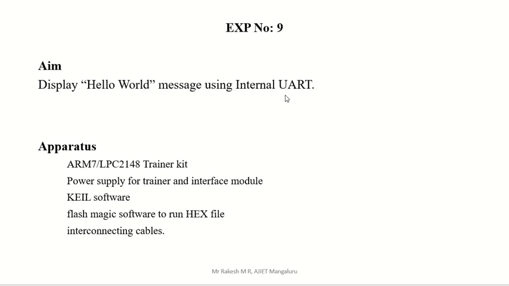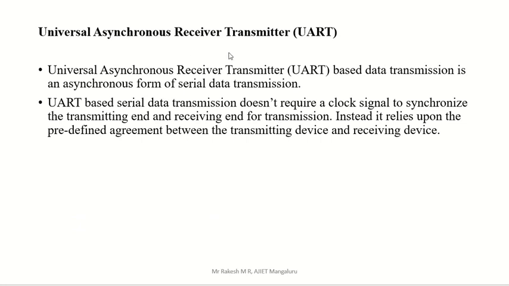Now we will go for the basic thing. What is UART? UART means Universal Asynchronous Receiver Transmitter based data transmission. It is an asynchronous form of serial data transmission, not parallel.